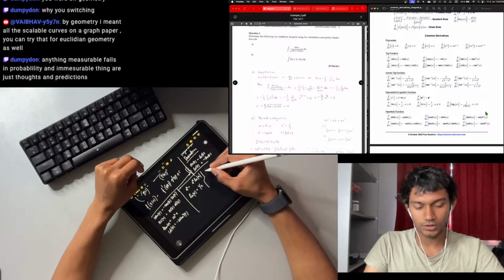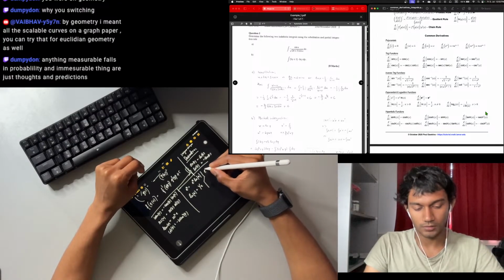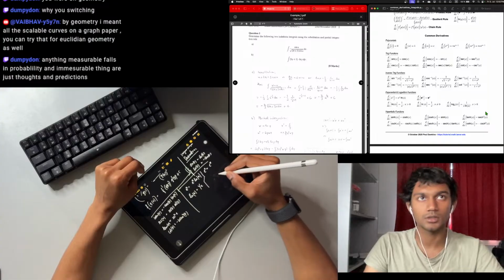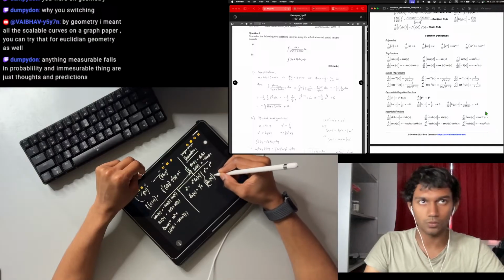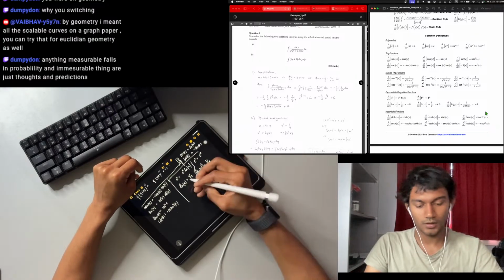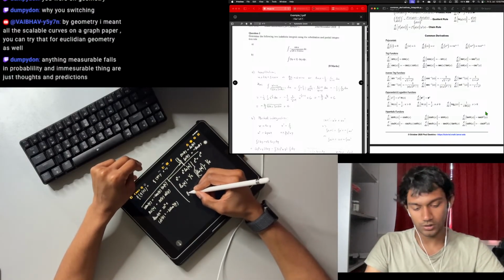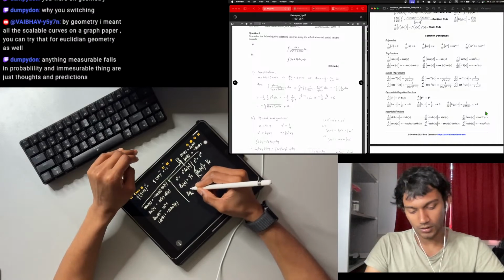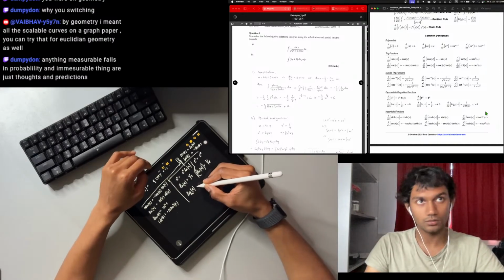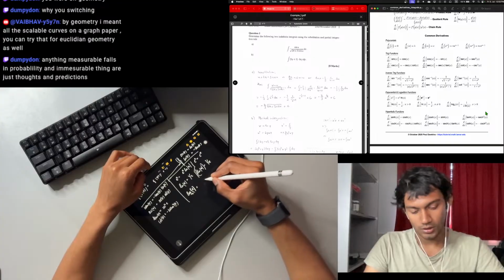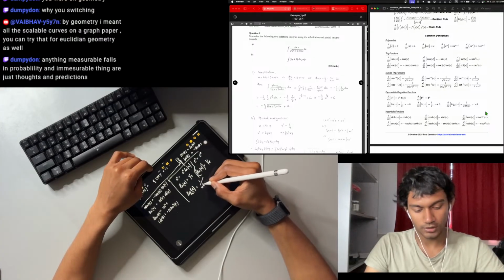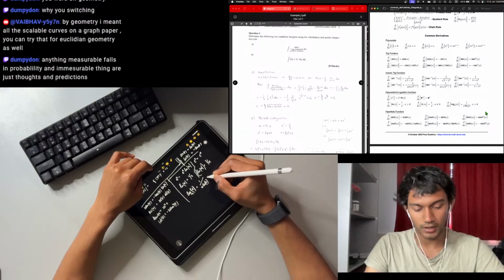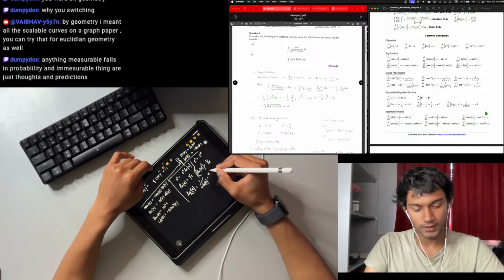E raised to x. Oh, why is my pen not working? E raised to x equals e raised to x. Natural log of absolute x is still 1 by x, okay? This one is the log to the base a of absolute value of x equals 1 by x natural log of a, for x greater than 0.